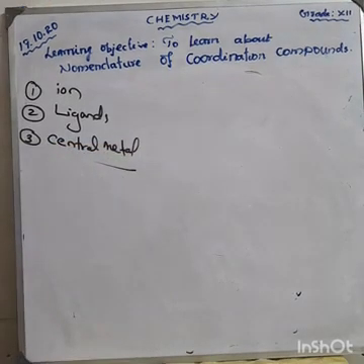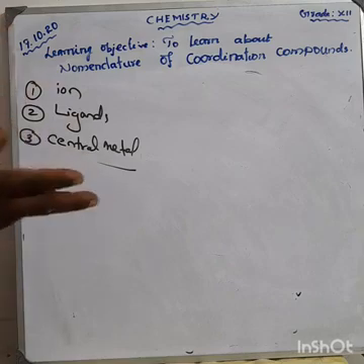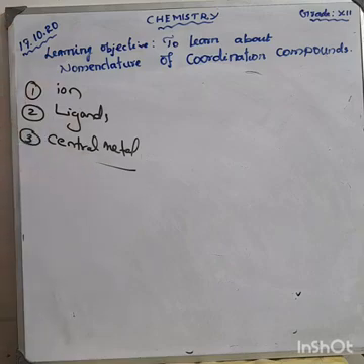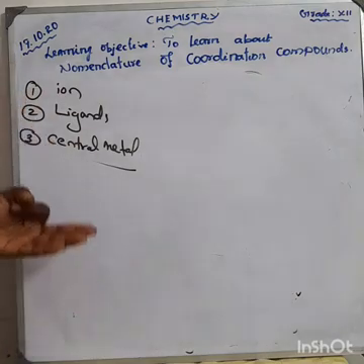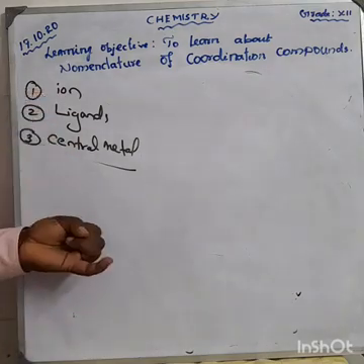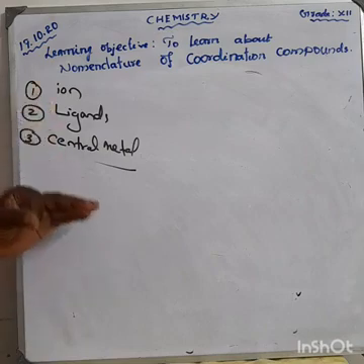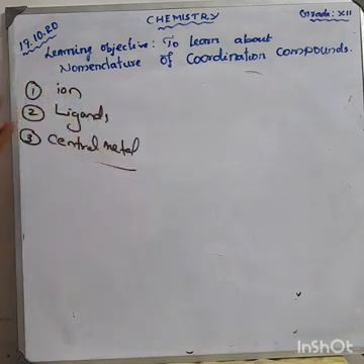In a cationic or neutral complex, the element name is used for naming the central metal ion or atom. Whereas the suffix ate is used along with the element name in an anionic complex. Simple concept.